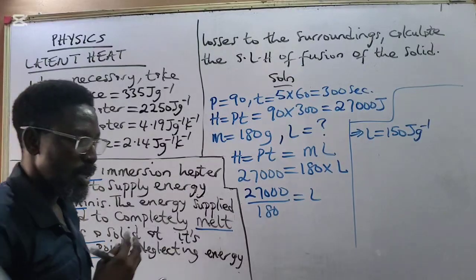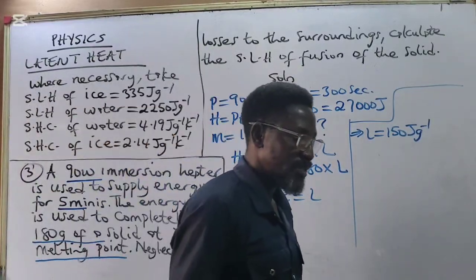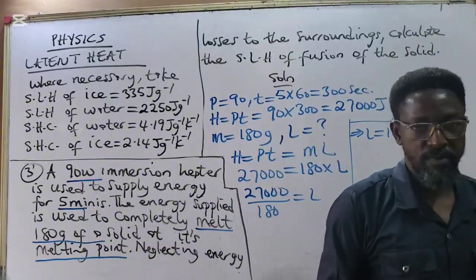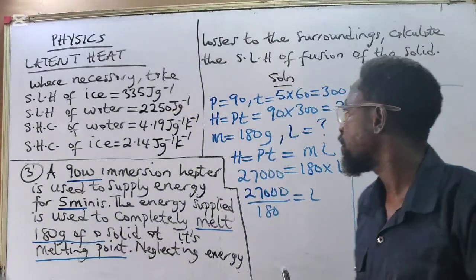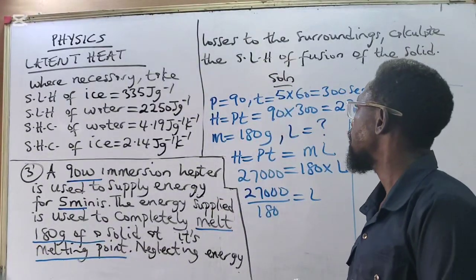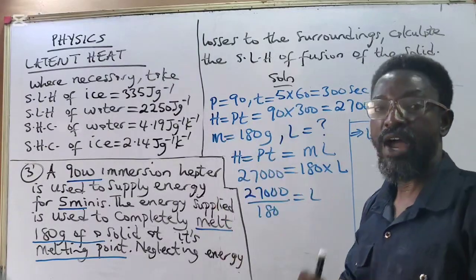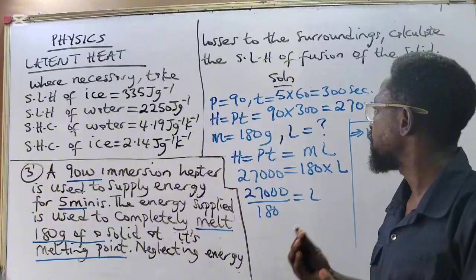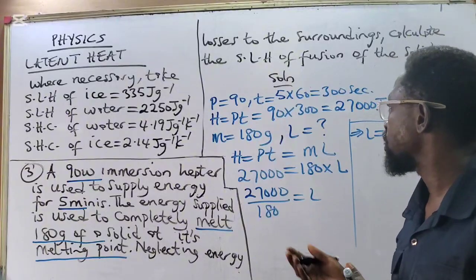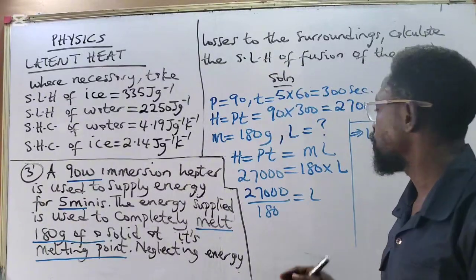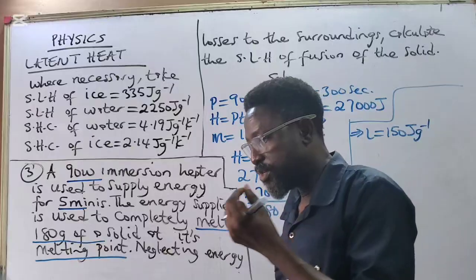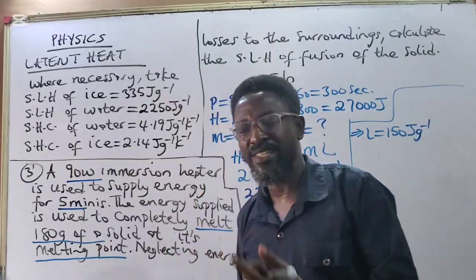Remember I told you, anytime you have an electrical appliance, heat is equal to power times time. And you also know that P is equal to IV. So from there, we can obtain other formulas. You will see a question like this as we proceed, and I'm going to show you that. Look at our series on quantity of heat.